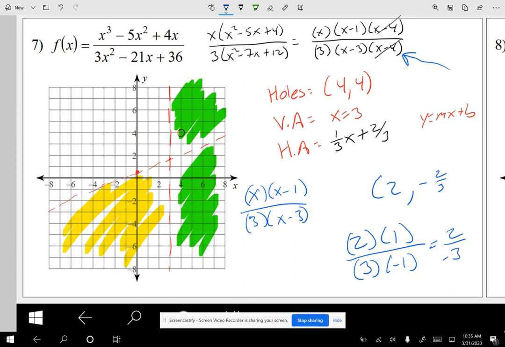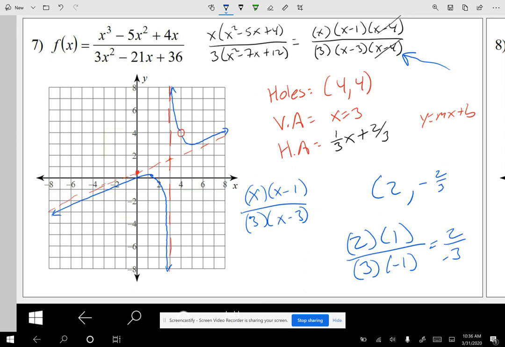Now that I know it's in this section, I'm just going to say I get this. Now in the green sections, either the one on the top or the one on the bottom, I see the hole is on the top. So that just tells me my graph is on that section. So that's what I get.